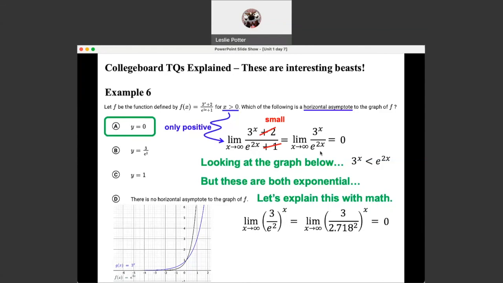So e to the x, or exponentials in general, grow a lot faster than polynomials. They grow a lot faster than trig functions. They grow a lot faster than just about anything except for x to the x power. That's what grows the fastest. So getting an idea of what grows the fastest and what grows the slowest is a good thing to kind of know.